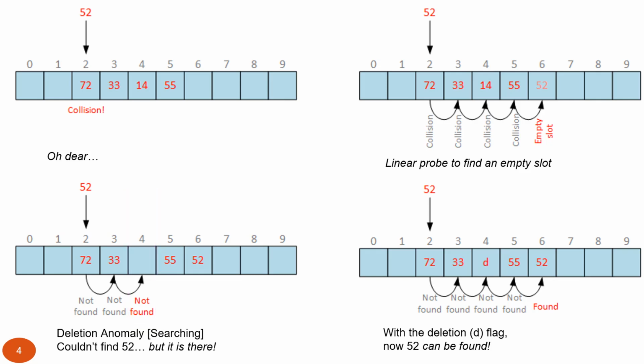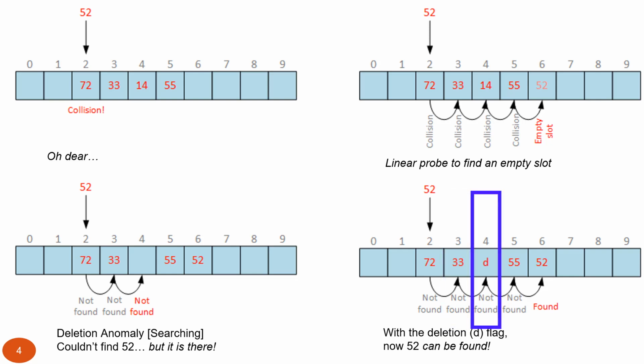Now, if we were to employ the D for deleted, so we got rid of the item in 4, but we placed the symbol D for deleted. Same thing, I look for 52 at index position 2, I keep probing till I find it. 72 is not equal to 52, I probe. 33 is not equal to 52, I probe.